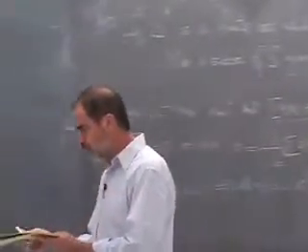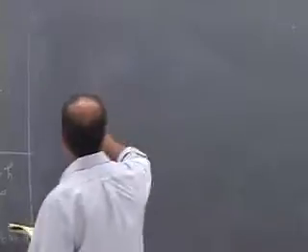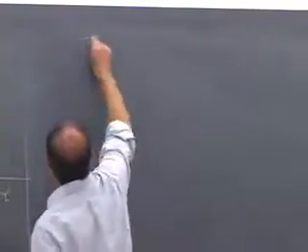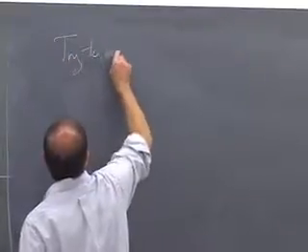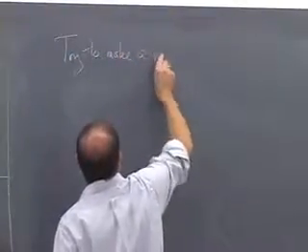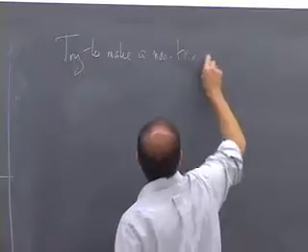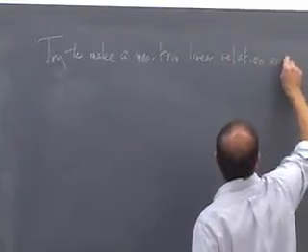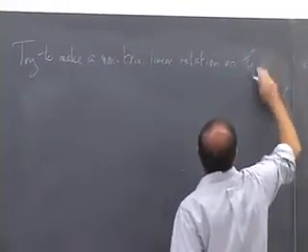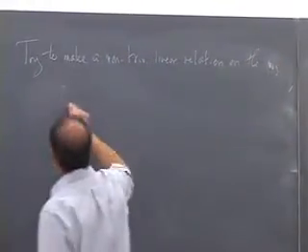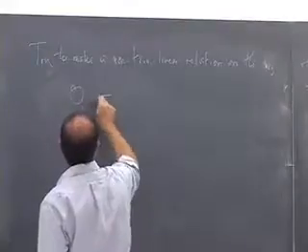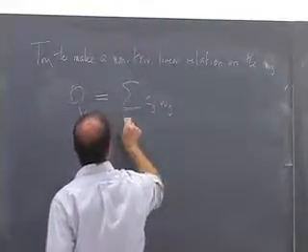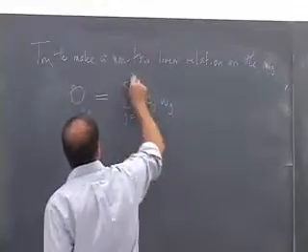Now, suppose I want to make a non-trivial linear relation on the wj. In other words, I'd write 0 in V as a combination of cj wj, j equals 1 to m.